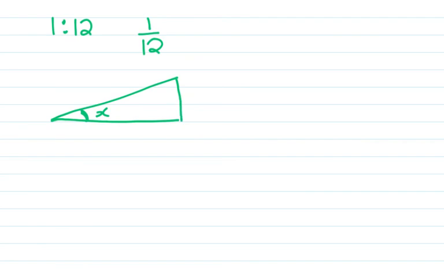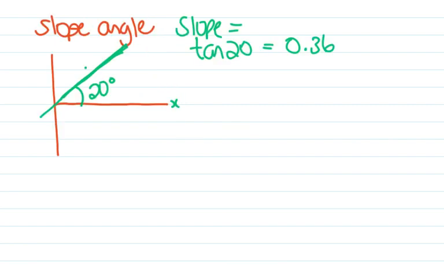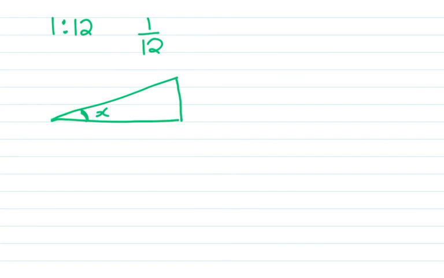Now, we're going to use tan because of what we just learned with the slope angle. It says the slope is 1 to 12, so slope equals 1 over 12. That means that tan x equals 1 over 12. I don't know the angle x, but I can find it using the inverse ratio.